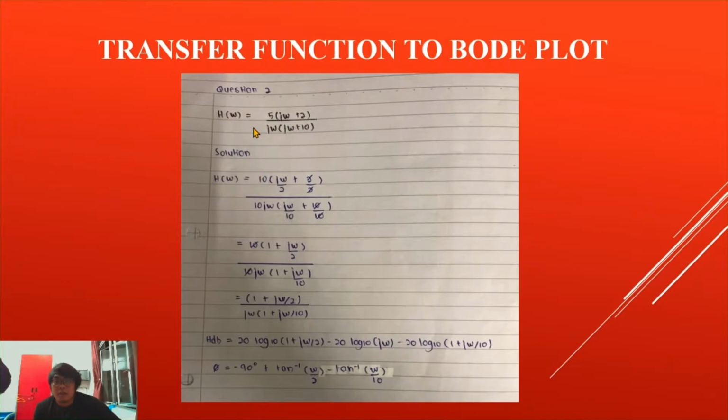So here we can see the equation for H(omega) is 5(j omega + 2) over j omega (j omega + 10).